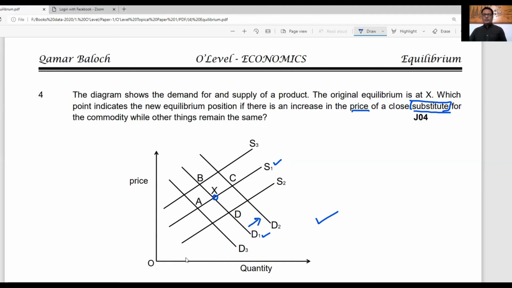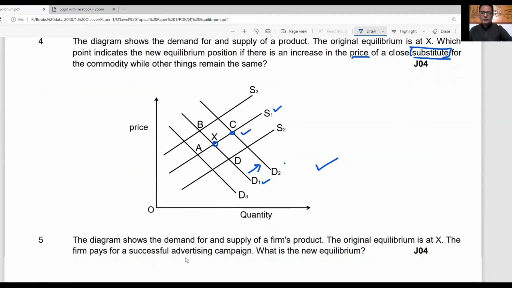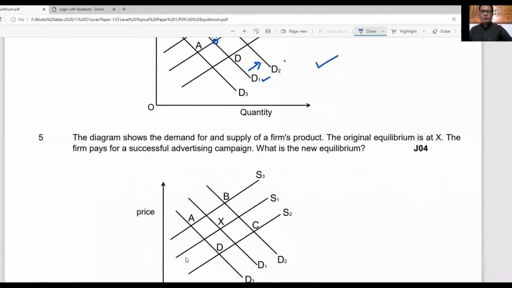So new demand curve is D2. Now new equilibrium will take place where new demand curve D2 intersects initial supply curve S1 at point C. So C is the correct answer for this question. Because all other factors are kept constant here, only the change is in a demand factor, that is price of substitute. Okay, so moving to one more question.